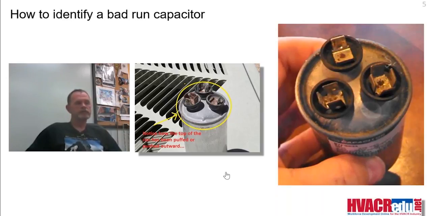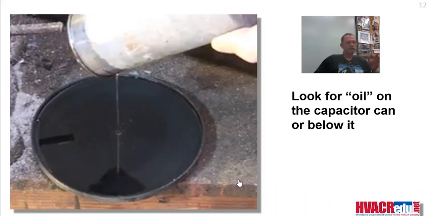Generally speaking, run capacitors are filled with oil. Oil acts as a coolant. It transfers the heat from the capacitor plates to the inside of the can, the metal jacket, which then transfers the heat away to the ambient air. The can looks like a can of tuna fish, actually.